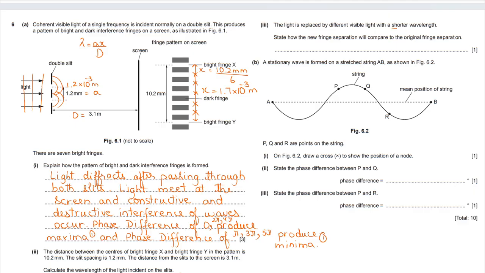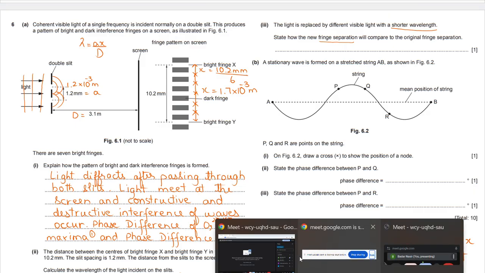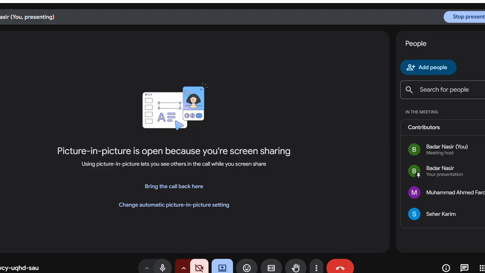Okay, wavelength is shorter and he's asking us to compare it with the fringe separation. What is the formula? Lambda equals ax over d. I keep a and d constant. So what is the relation between lambda and x? Lambda is directly proportional to x. If the wavelength is shorter, then your fringe separation will also be shorter. Okay? So the fringe separation is also less.